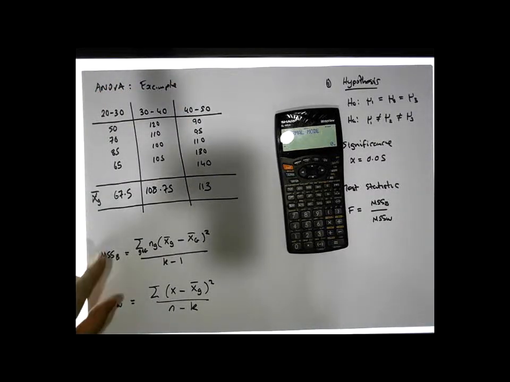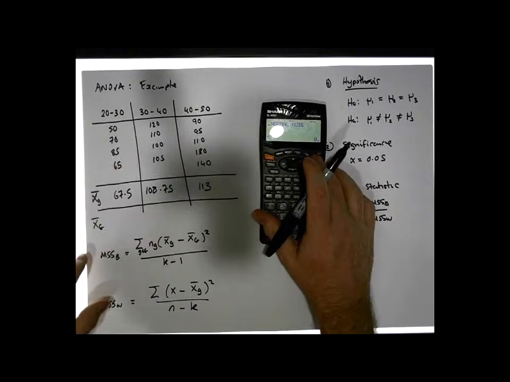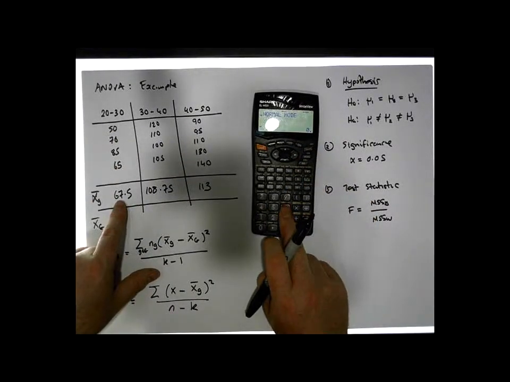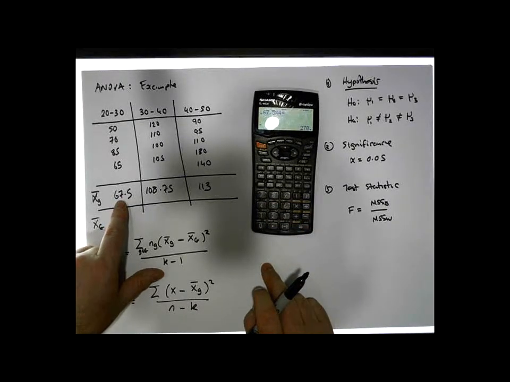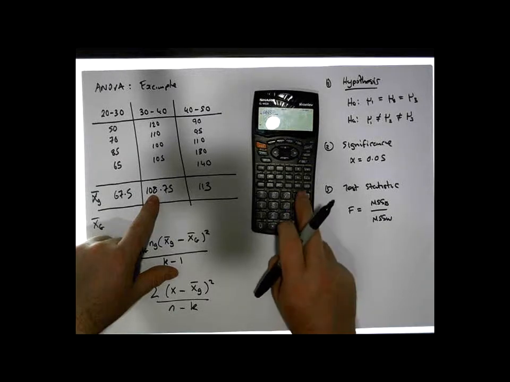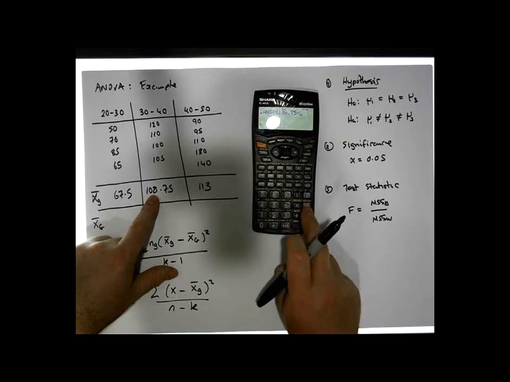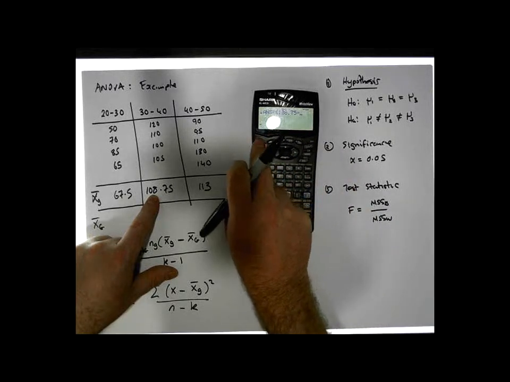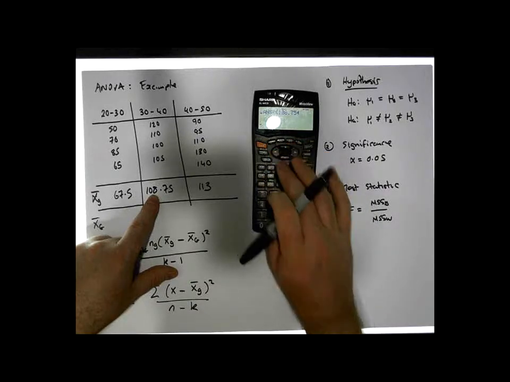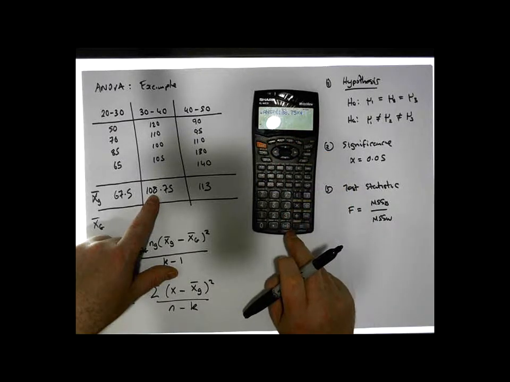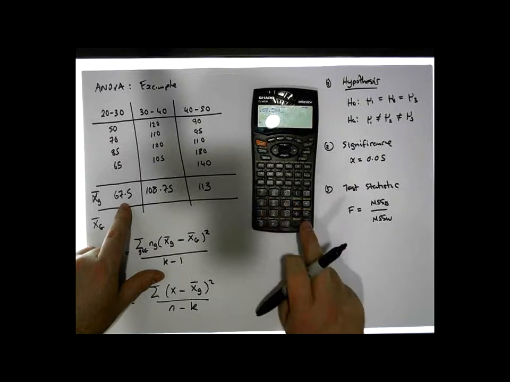So the global mean, let's say x bar big G, is the sum of all these observations. Let me do that again. 67.5 multiplied by 4 gives us 270.